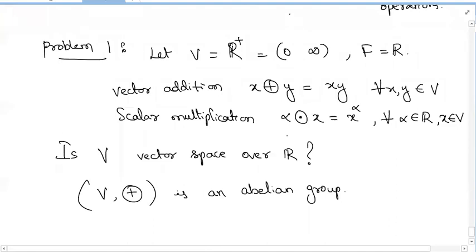And we know that multiplication on real numbers is associative. I will write all the properties.